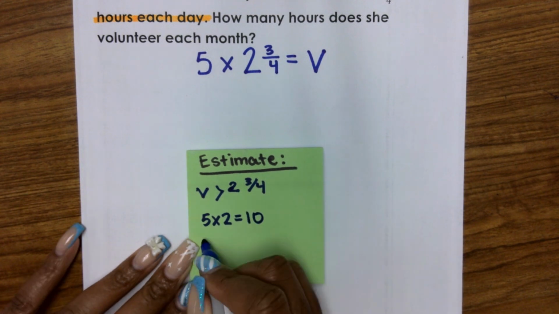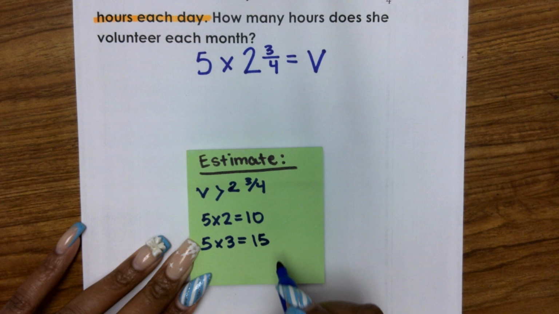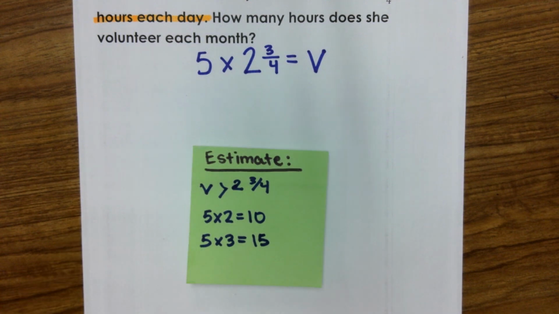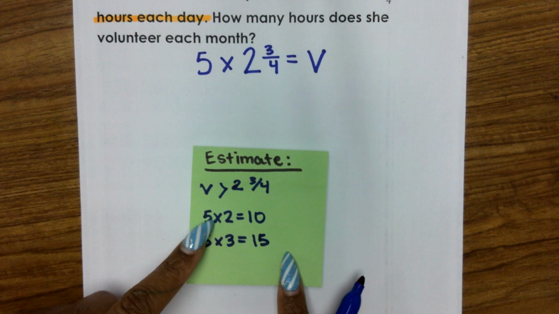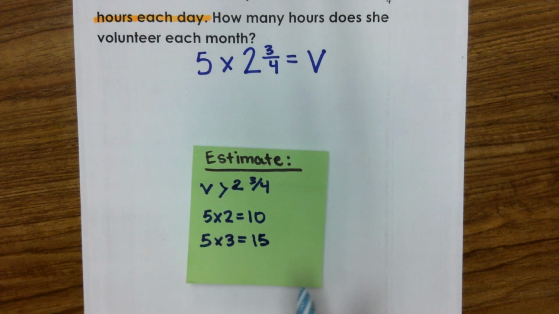If I multiplied 5 times 3, that would give me 15. But she's not volunteering for 2 hours or 3 hours. She's volunteering for 2 3/4 hours, which falls between 2 and 3. So my estimate is that my answer is going to be between 10 and 15 hours total.